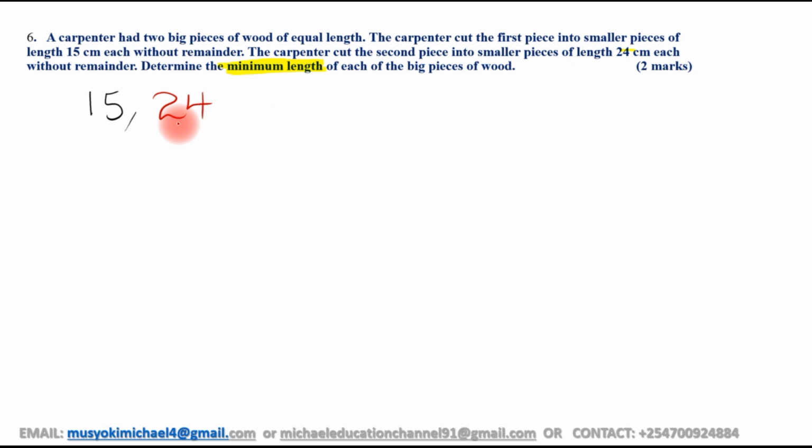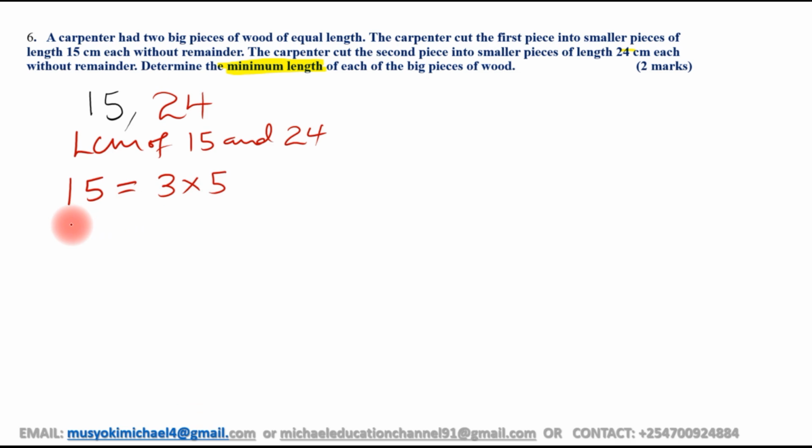And therefore, for us to get the minimum length, we require to find the LCM of 15 and 24. The prime factors of 15 are 3 times 5. The prime factors of 24 are 2 raised to 3 times 3.